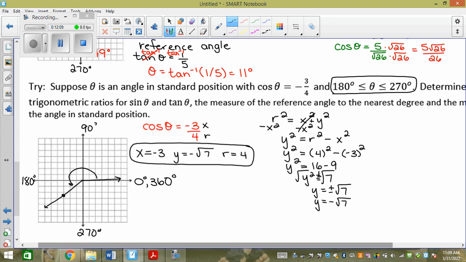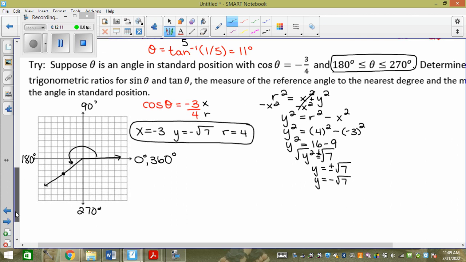I'm trying to find this. How can I find my standard position angle? I need to get my what first? My reference angle, correct? And how do I get my reference angle? I take the positive trig ratio they gave me. Even if it's negative, I take positive, correct?